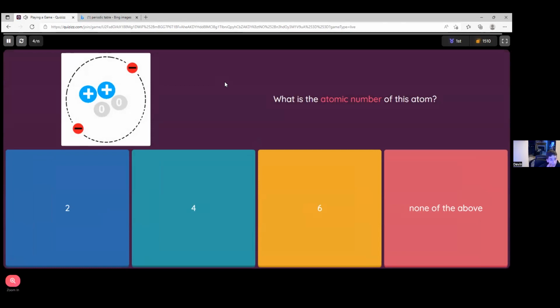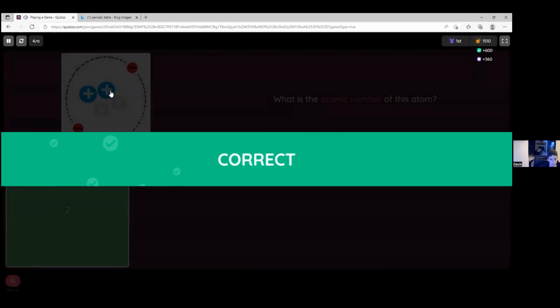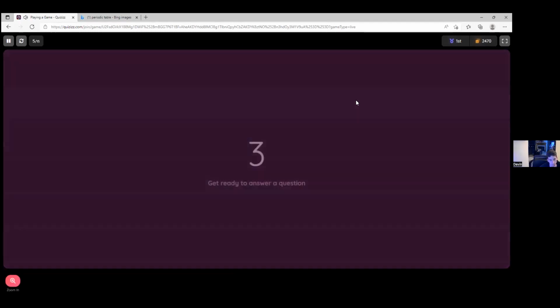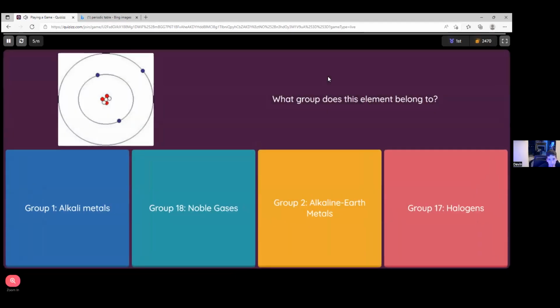Let's tell number. It's 22. It's 20. Yeah. Okay. Good job. What group does this element belong to?